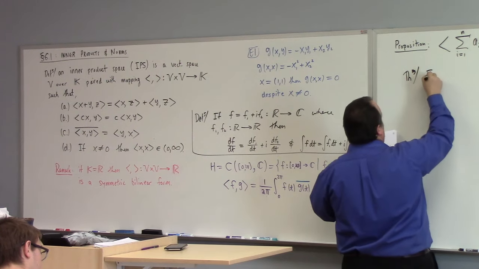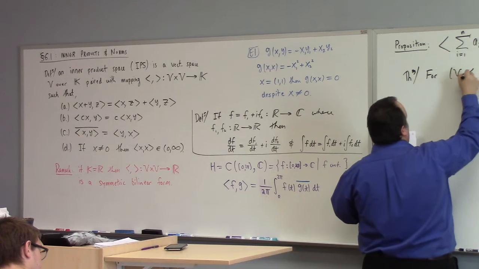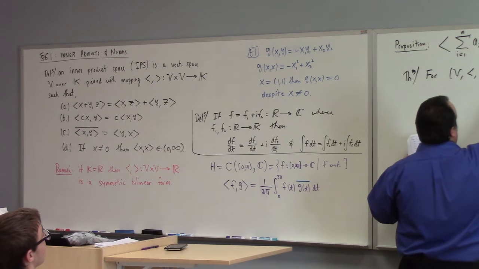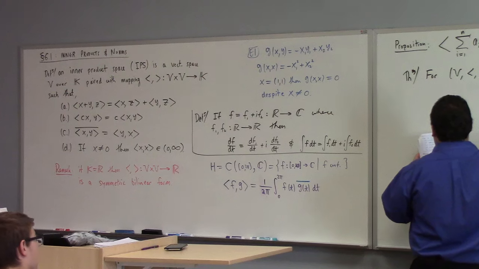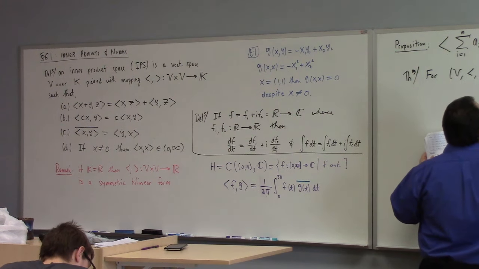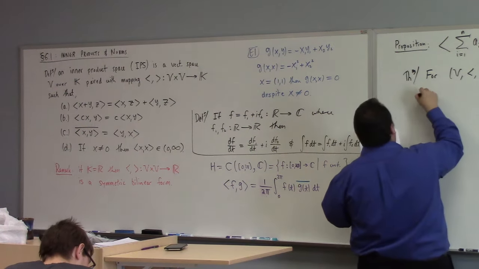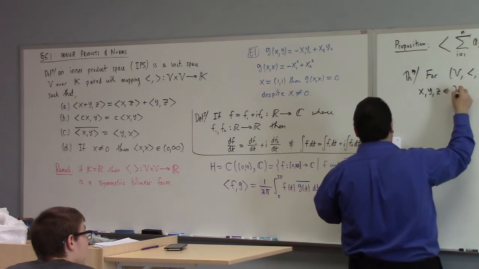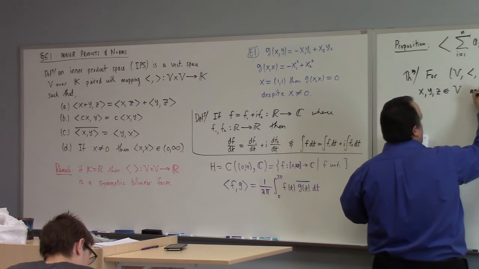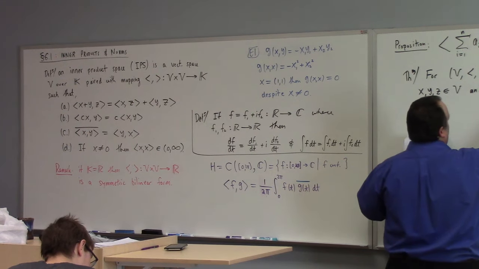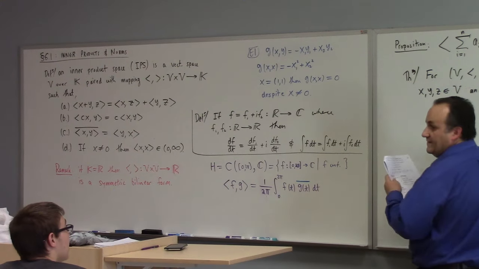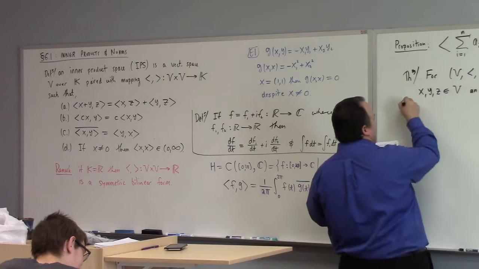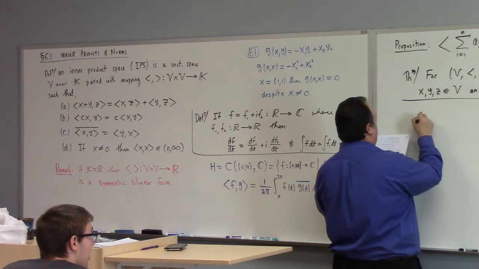All right, so for V with the inner product, an inner product space, if x, y, and z are in the space and c is a scalar, I'll use f this time. Is that better? Yeah, okay, all right.